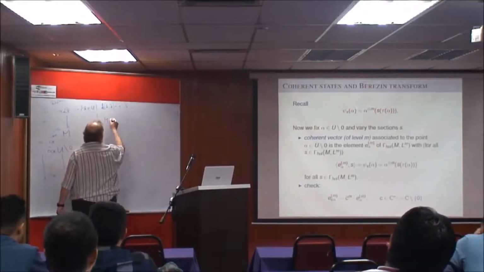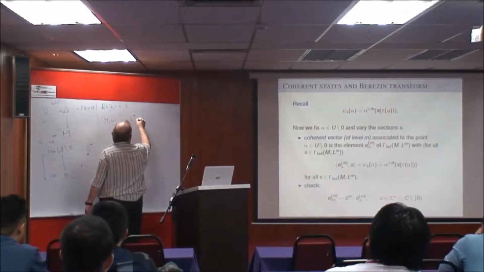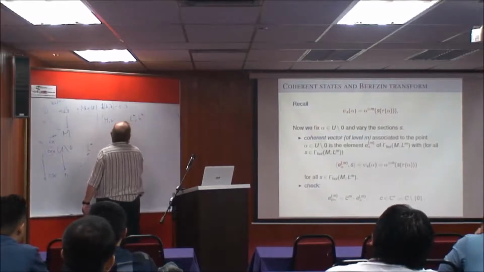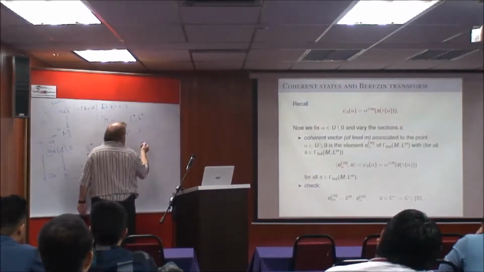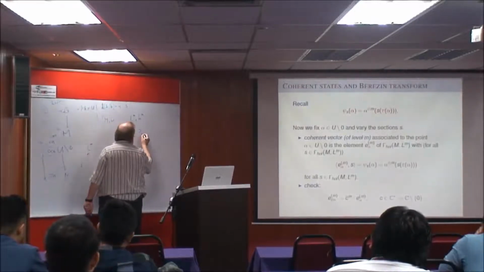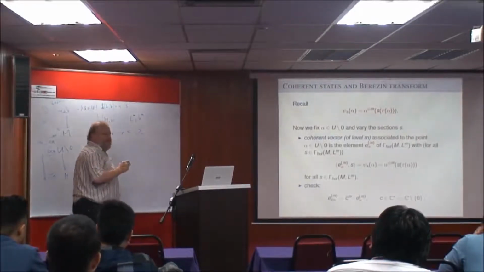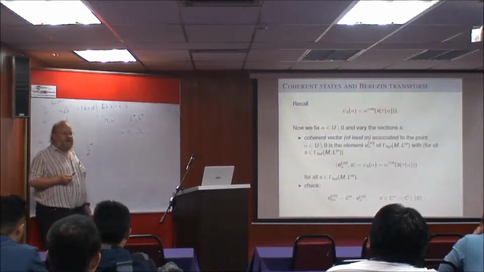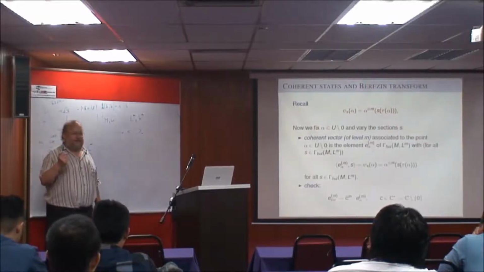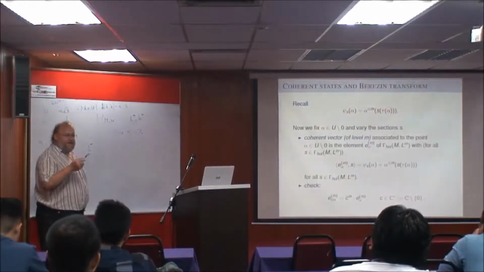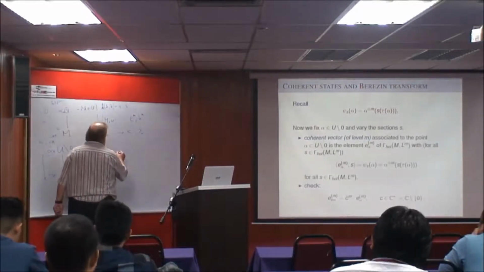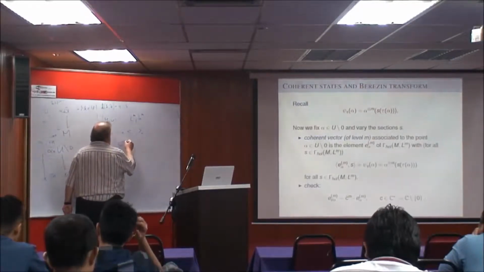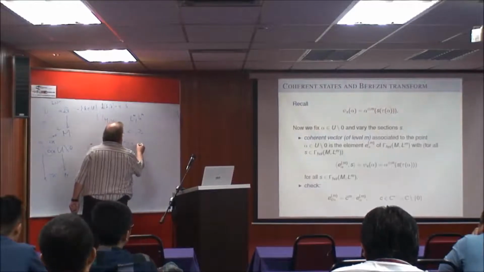We have omega, we have HM, and maybe I should also have put an M here. This is our scalar product on the space of sections, which is defined with the help of this H. So we have the integral over M of HM omega.